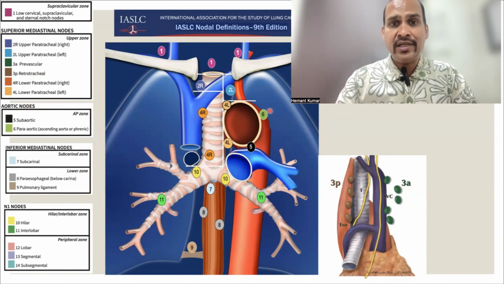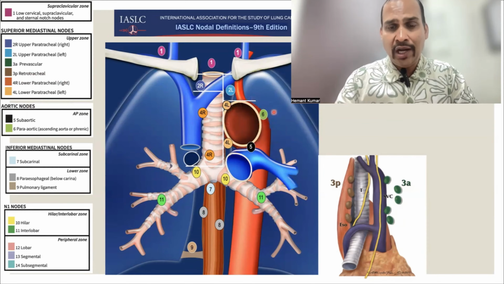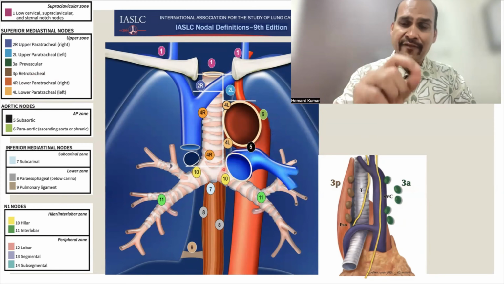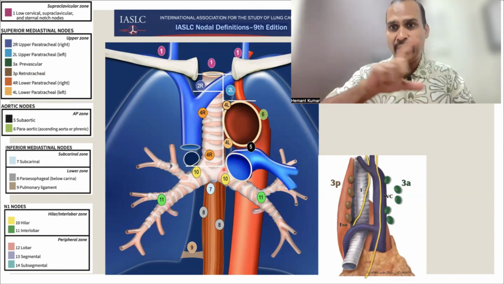Now fifth station lies along the aorta. So in the left part of middle trachea, there is arch of aorta, and below arch of aorta there is pulmonary artery. So lymph node stations 5 and 6 lie along the aorta.